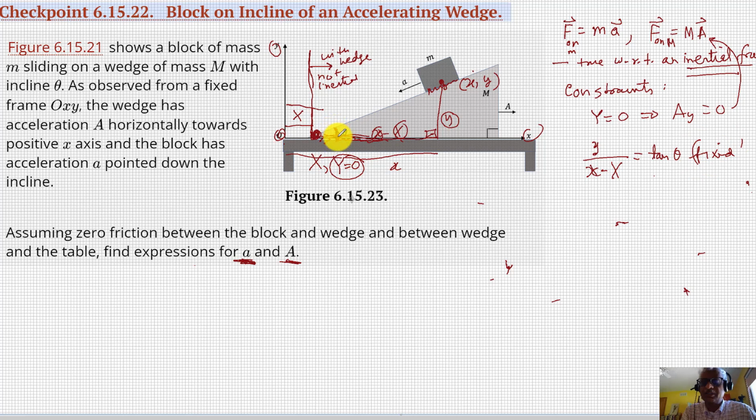That's not changing. So if you work this out, you can write y equals x minus big X tangent theta, and I can distribute tangent theta. So this is another equation.